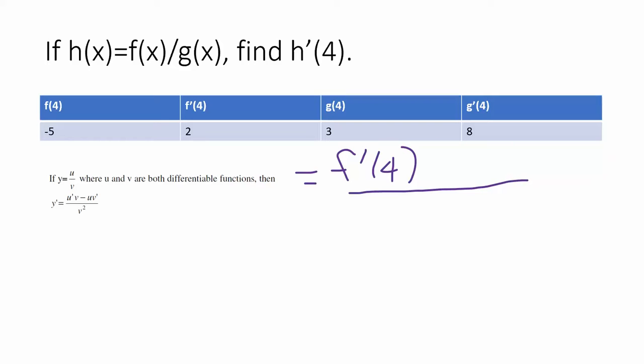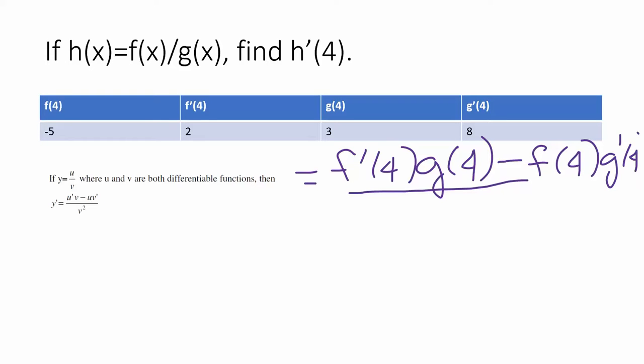So the derivative of the top times the bottom, g of x, so we'll want g of 4, minus the top, so f of 4, times the derivative of the bottom, so g prime of 4, all divided by the bottom squared, so g squared of 4.